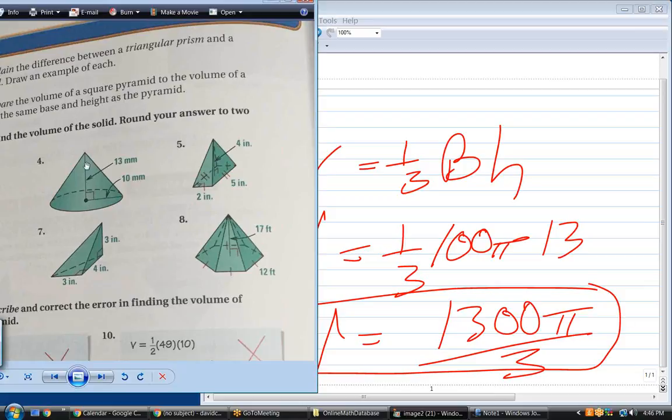So I don't have any problem telling you that the vertical height there is 13. Same thing on number 5. It's a little harder to see because the base is a rectangle, but everything else is the same. The vertical height is just 4 inches. Notice that the vertical height goes from the vertex to the center of the rectangle.